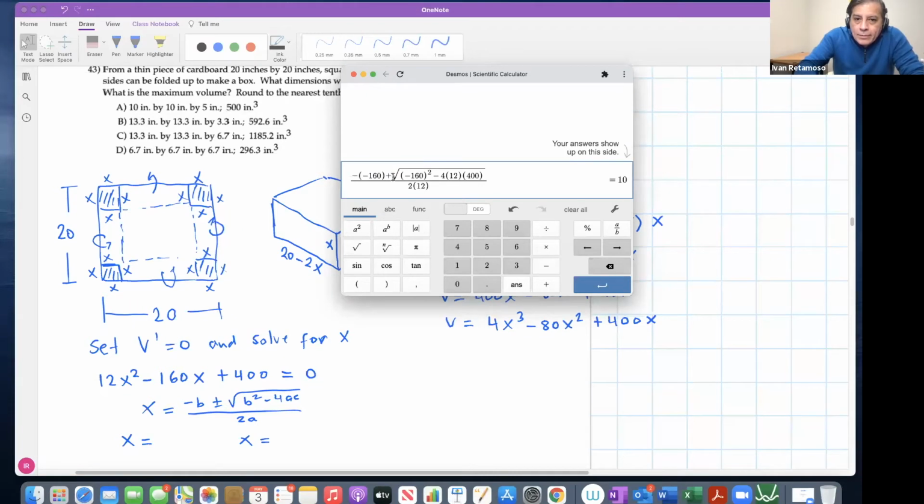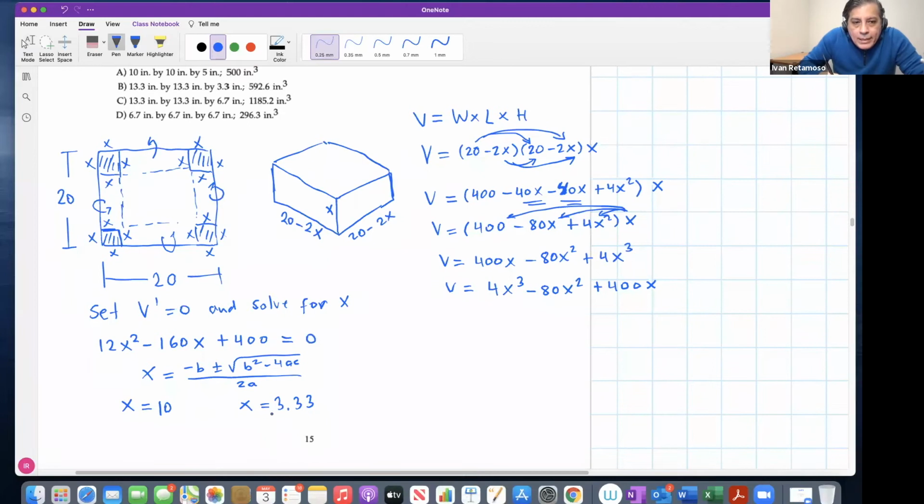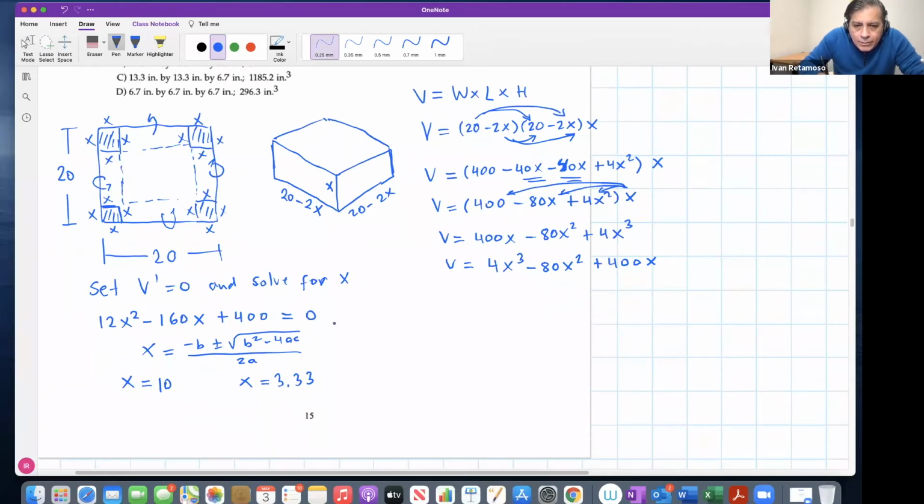And what will be the other solution? Well, just change this for minus. The other solution, 3.33. 10 and 3.33. Now, one of these solutions will make sense, the other will not. How can I check which one makes sense and which one does not? Well, one quick way you can do that is by evaluating x in your volume function.